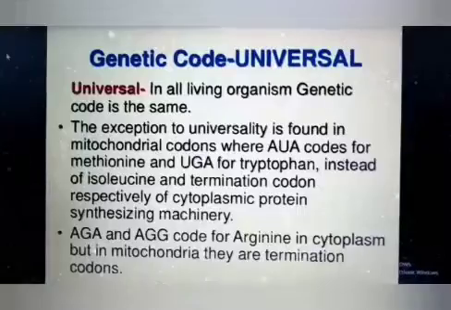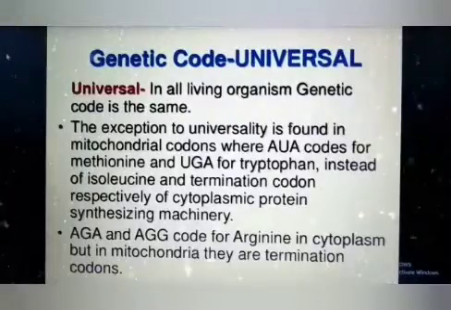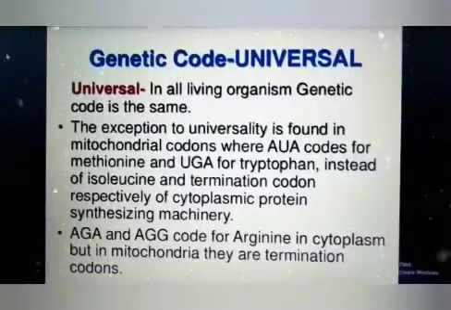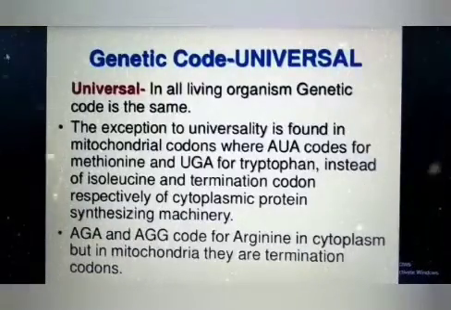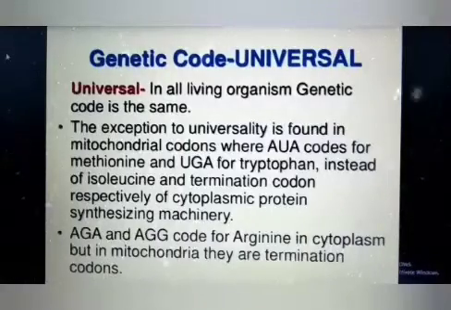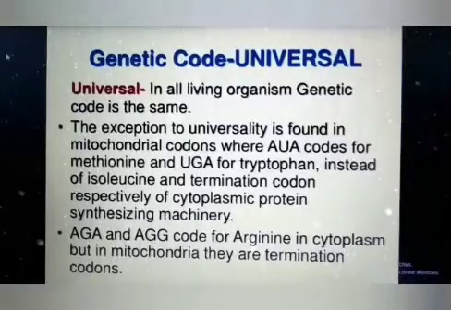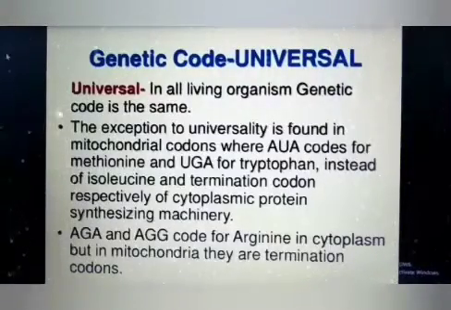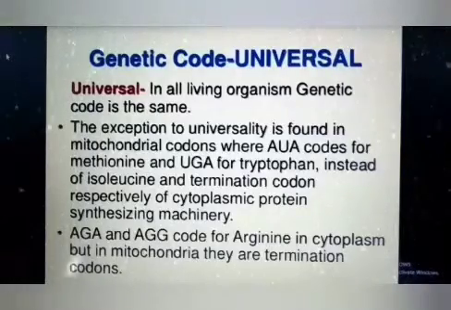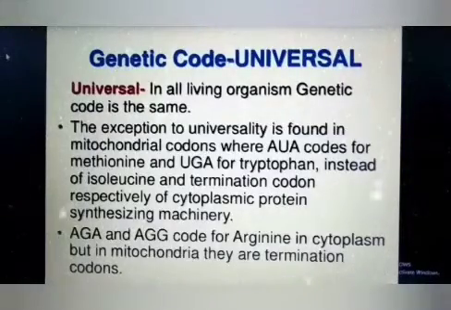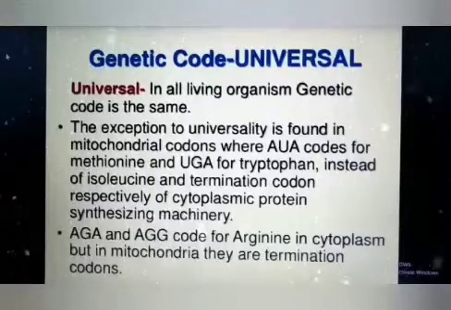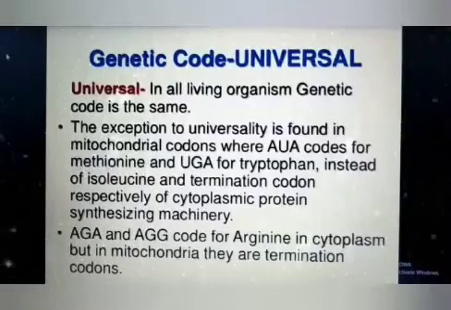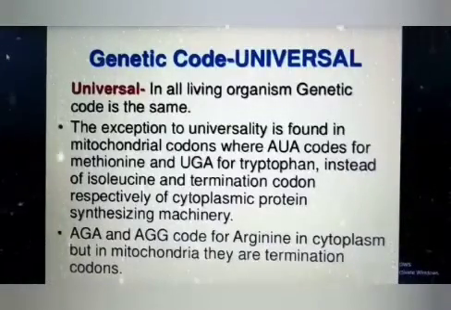Next, genetic code is universal. In all living organisms, the genetic code is the same. The exception to universality is found in mitochondrial codons, where AUA codes for methionine and UGA for tryptophan, instead of isoleucine and termination codon respectively in cytoplasmic protein synthesizing machinery.